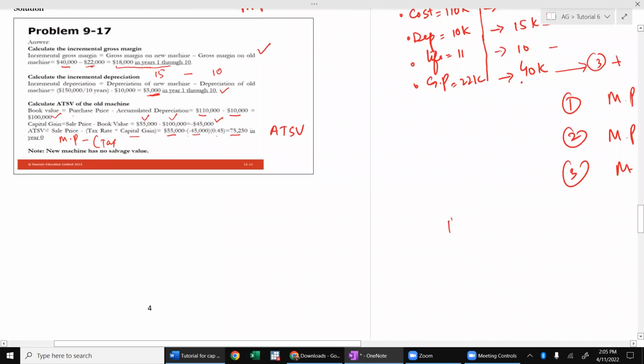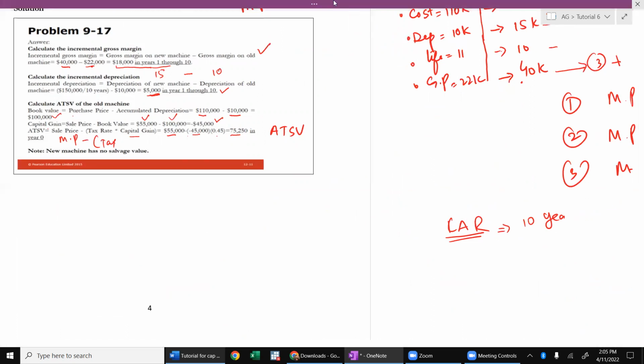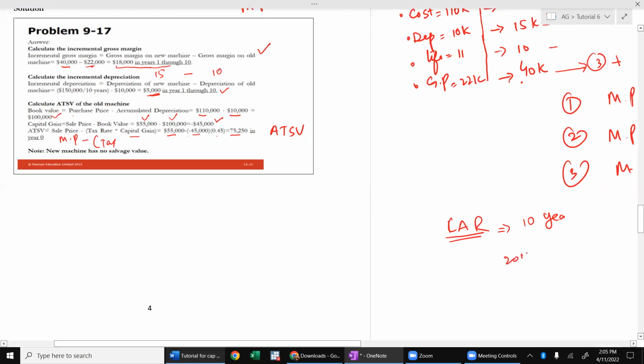Let's say you buy a car and the useful life of the car is, let's say, 10 years. Once the 10 years are over, can you still sell the car at some price in the market? We can see cars that are even 20 years old, and these cars still have a market price, right? So though according to its book value its salvage value is 0, you can still buy or sell this car at some market price.